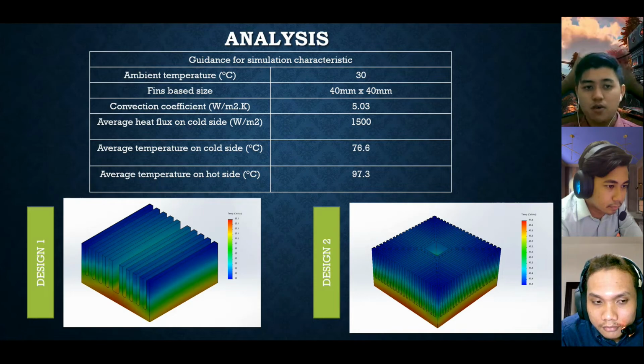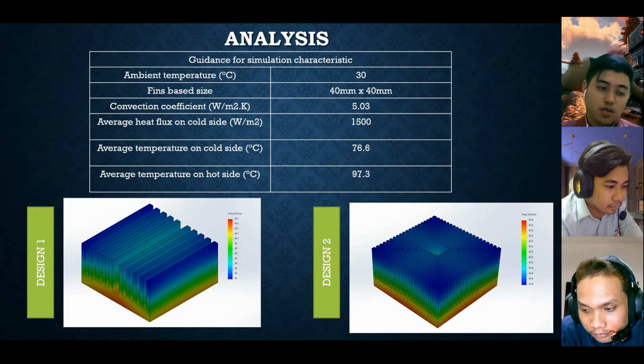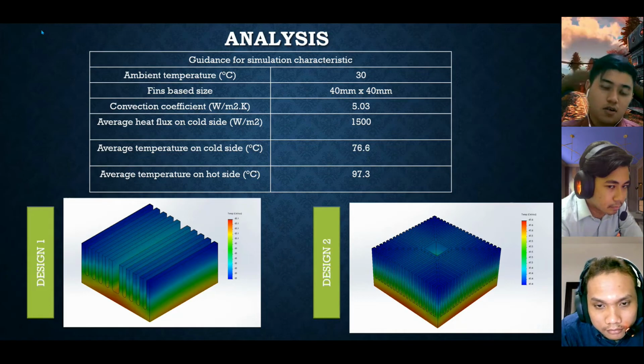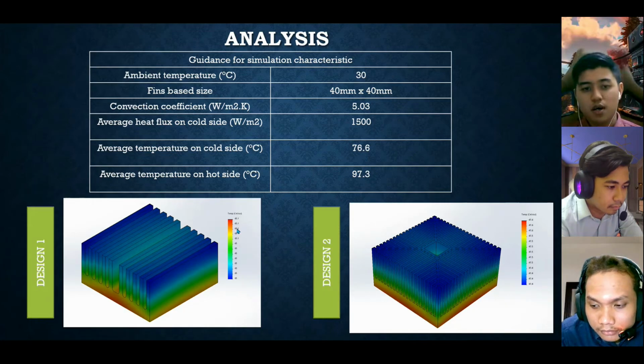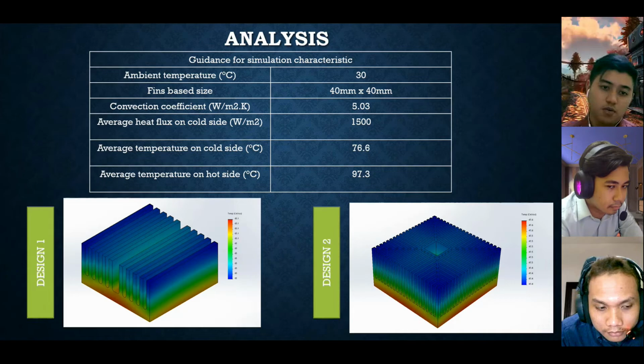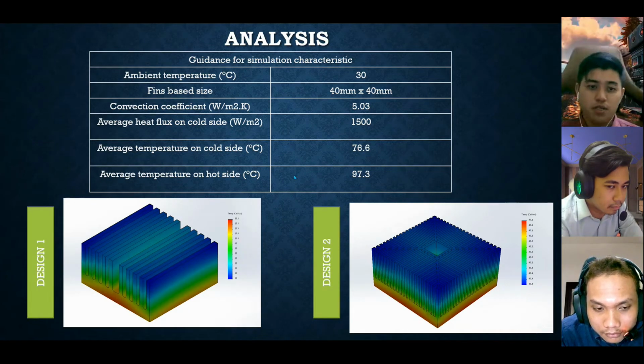Next one, average temperature on the cold side is 76.6 degrees Celsius. Lastly, average temperature on the hot side, we put 37.3 degrees Celsius. Okay, after we analyzed the thermal loads for design 1, on the hot side temperature we got 65.1 degrees Celsius.